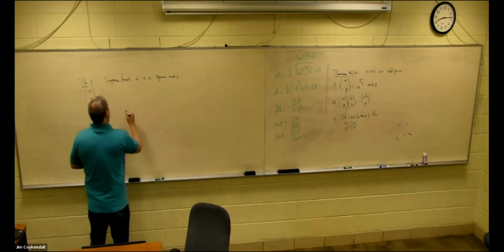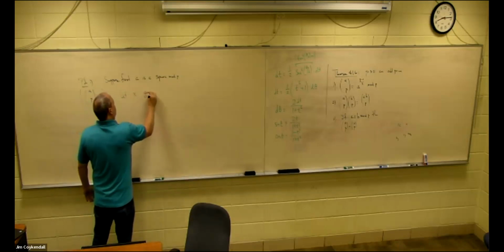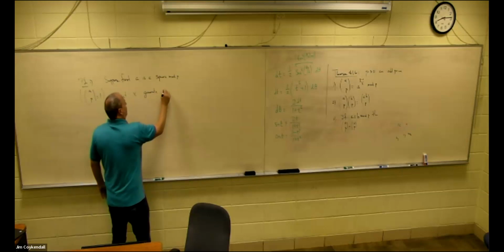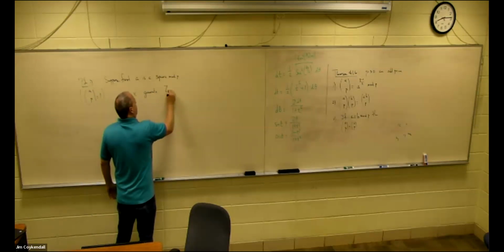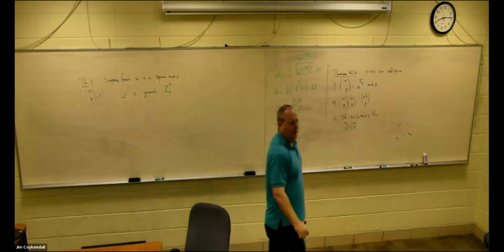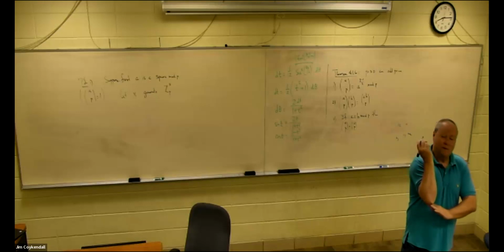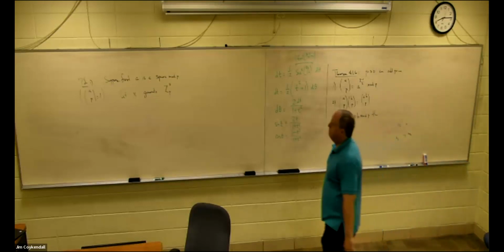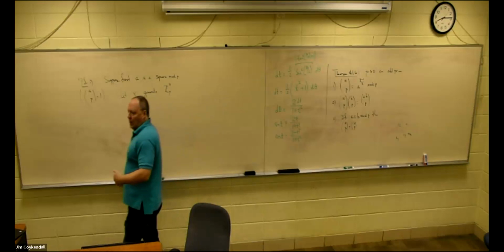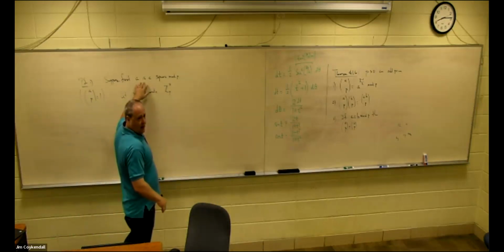Let x generate, so suppose that this is a coset mod p of a generator of the multiplicative group. What can you say about the relation between x and a?